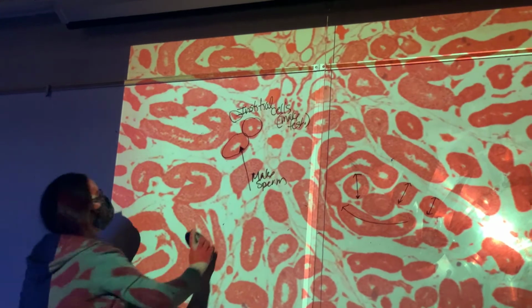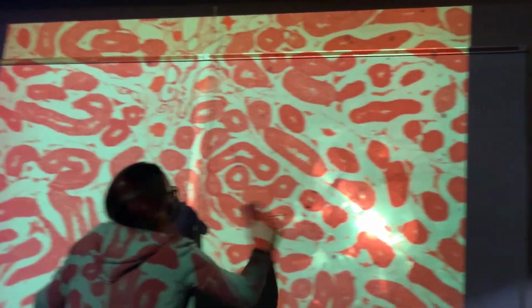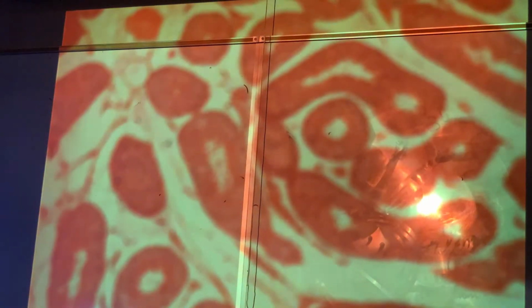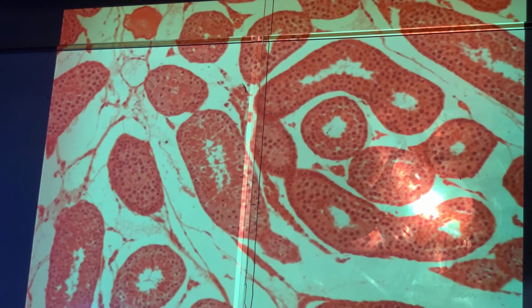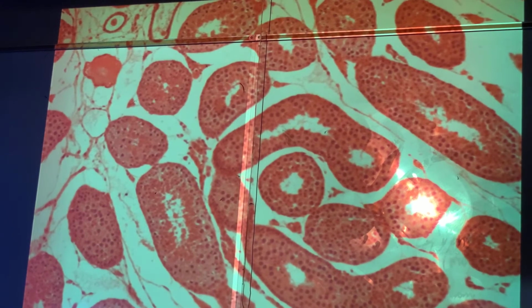So let's magnify this and look at one of these tubules at a higher magnification. So I'm gonna go to 10x. And find a good one here. Lots of good ones.